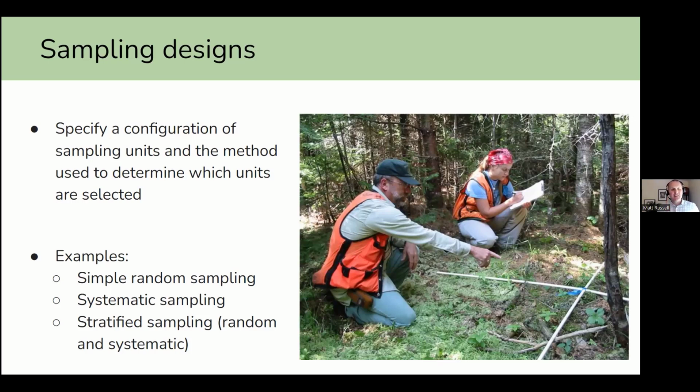We could, and there's an approach for that, but we might want to be more selective in terms of how we sample those trees. Simple random sampling is a valid and useful way to sample, in our case, forests. But there are other approaches such as systematic sampling and then stratified sampling, which can include both random and systematic designs in their approach.